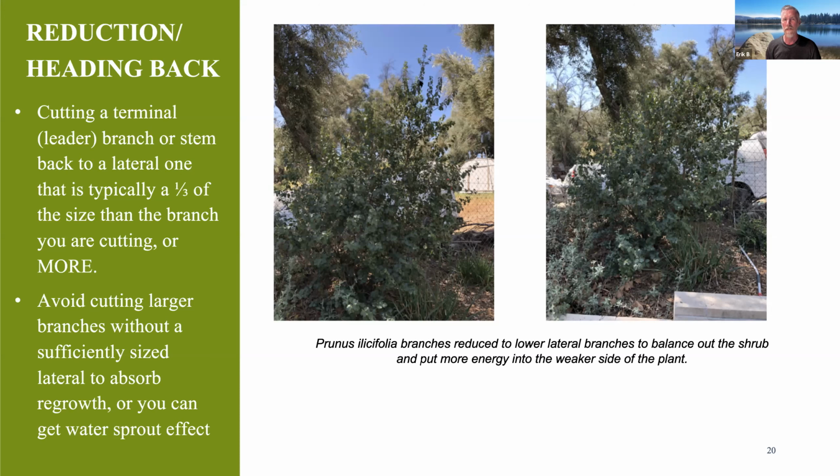I don't know if you would get water sprouts on this because it's such a small branch, but with a bigger branch, if there isn't the 1/3 size lateral, or if the twig is too small, you'll create a water sprout effect, and those are very weak branches.